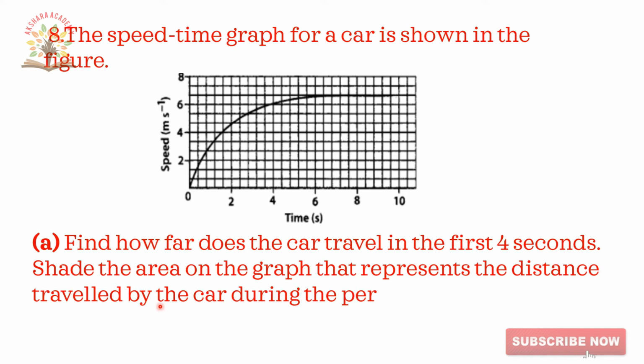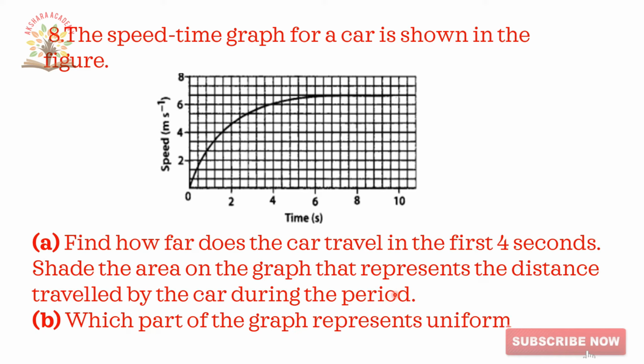Shade the area on the graph that represents the distance traveled by the car during the period. And the second question is, which part of the graph represents uniform motion of the car. So in this graph, we have to observe the graph and find the distance traveled by the car in first 4 seconds.